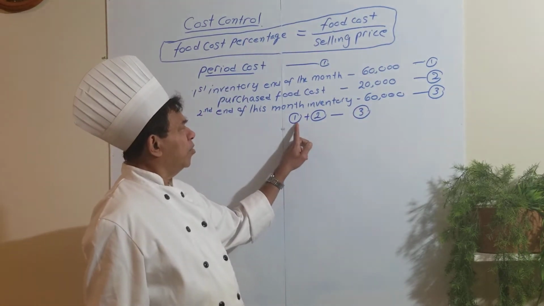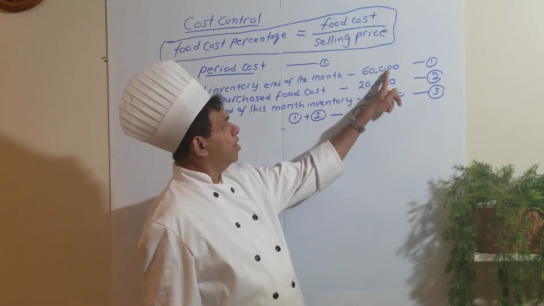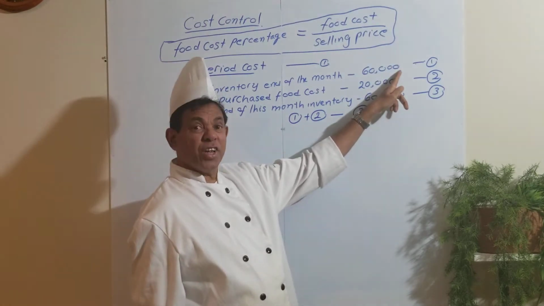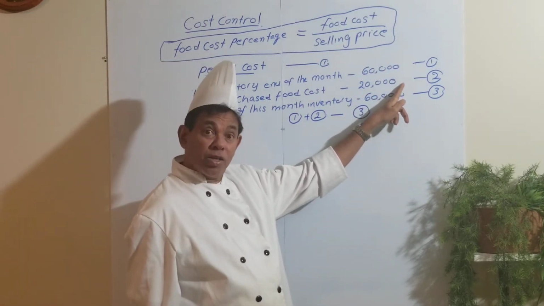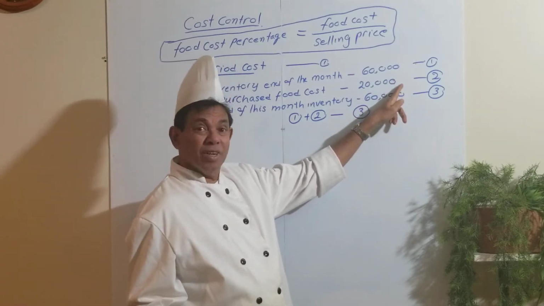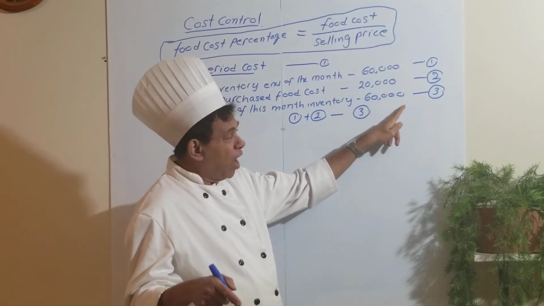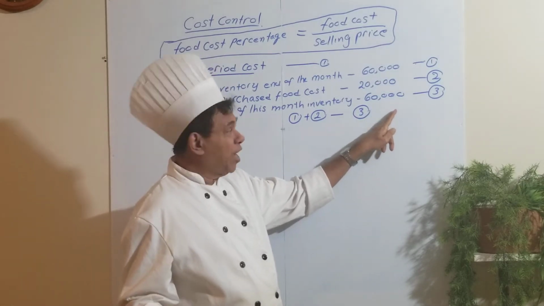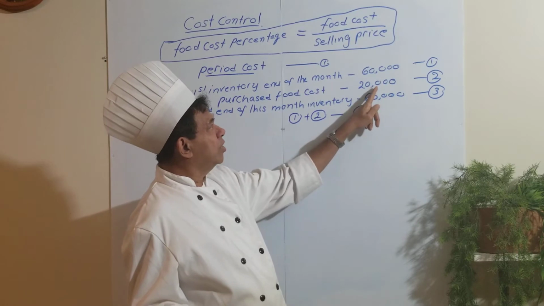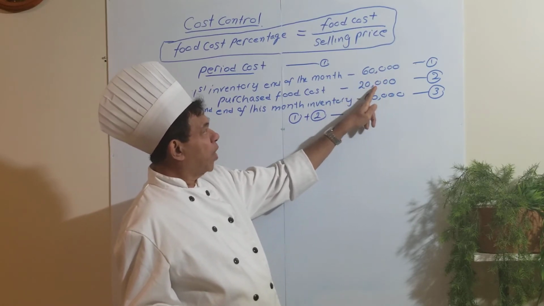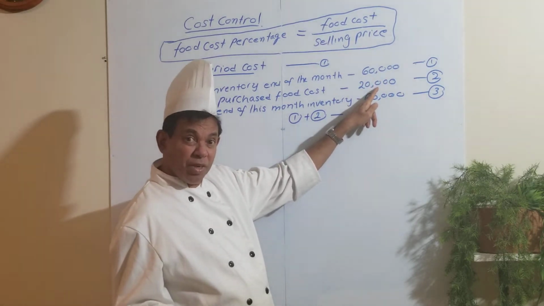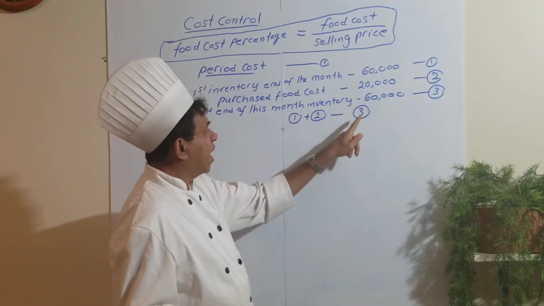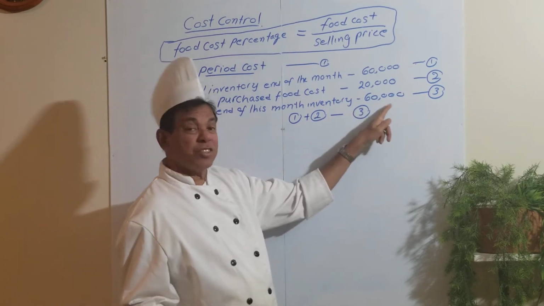So number 1 plus number 2 is 80,000. That means the last inventory and how much food I bought for this month, 80,000. Now at the end of this month, when I get my inventory, that inventory costs 60,000. Now what I do: 60,000 first inventory plus the food I bought, that makes 80,000, minus 60,000.